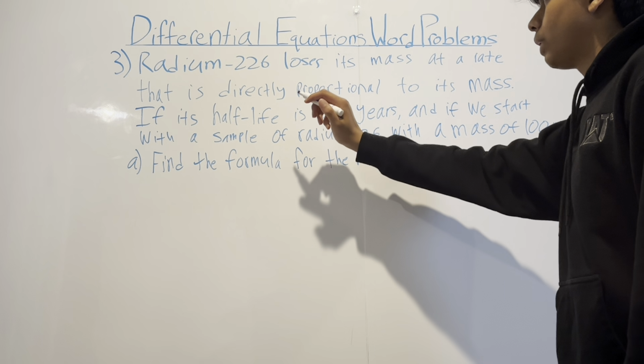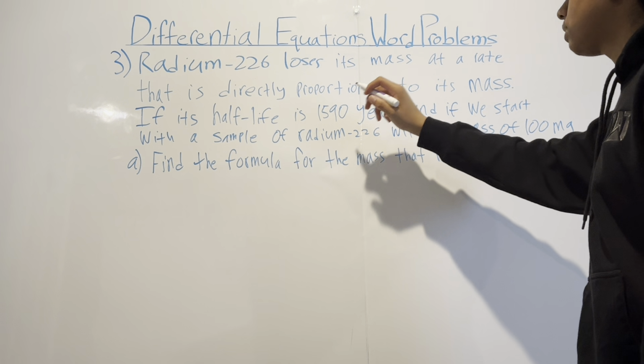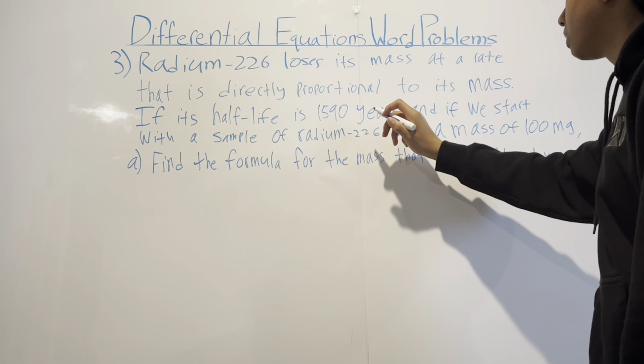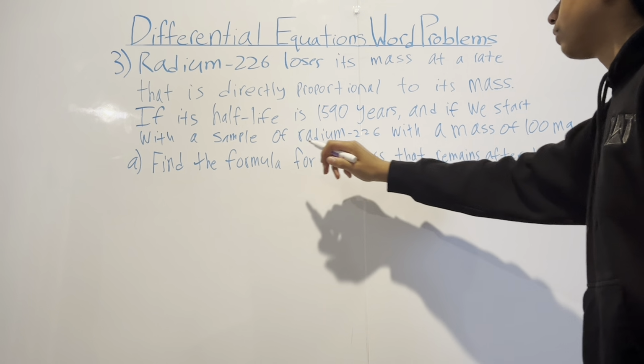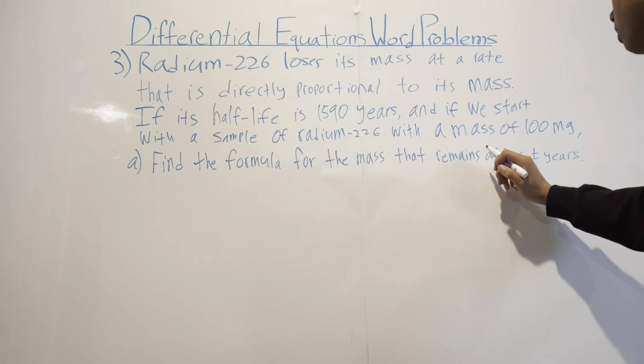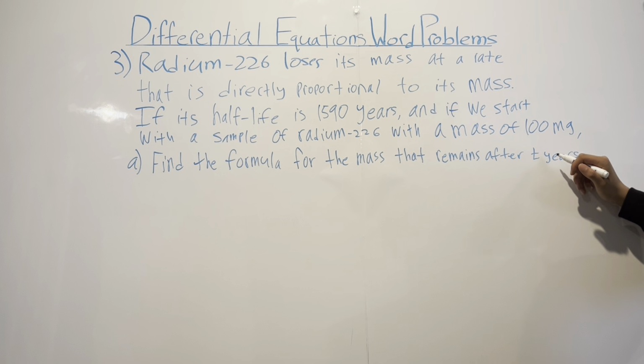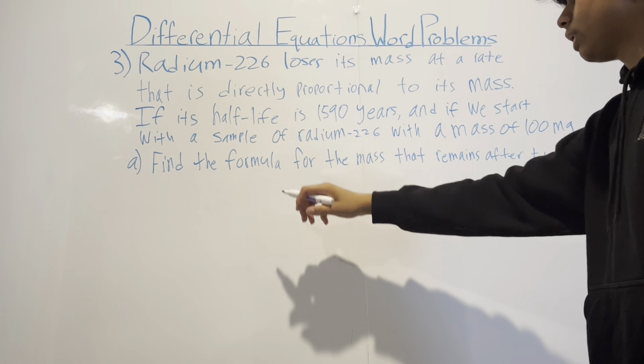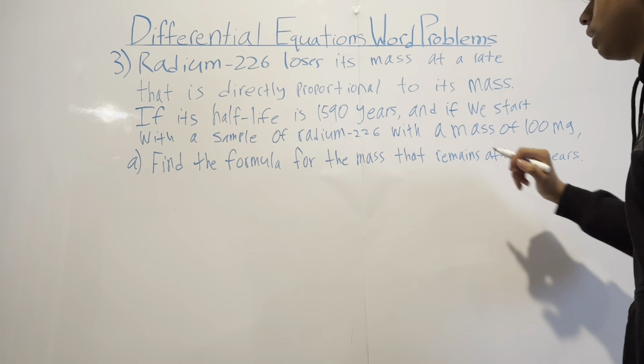Question 3, we have radium-226 loses its mass at a rate that is directly proportional to its mass. If its half-life is 1590 years, and if we start with a sample of radium-226 with a mass of 100 milligrams, part A, we have find the formula for the mass that remains after t years.